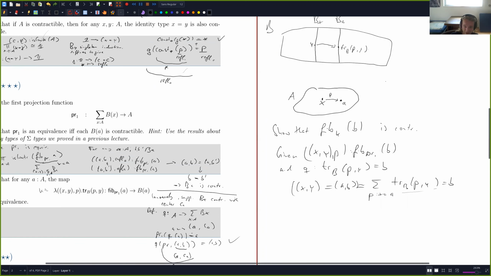But by the characterization of the equality in this sigma type, since we have such a P and such a Q of this type, this gives us R in (x, y) with this A P. And now we're left to prove that we can lift this to a path of the entire tuple.